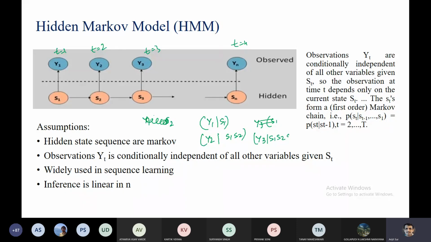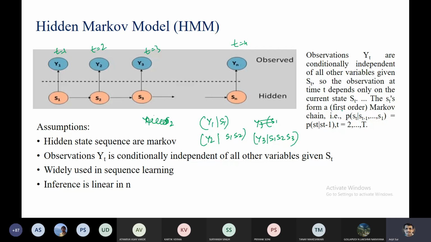But this is not observed. We observe only the Y. This is the hidden structure. So the hidden state sequence is Markov, and observations YT are conditionally independent of all other variables given ST, widely used in sequence learning and inference. So these are the ways this works.